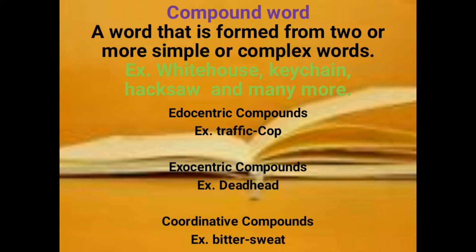There is an alternative approach to classify compounds in terms of the semantic relationship between the compound and its head. Those are the endocentric compounds, where heads of compounds are typically the rightmost constituents. For example, traffic cop.